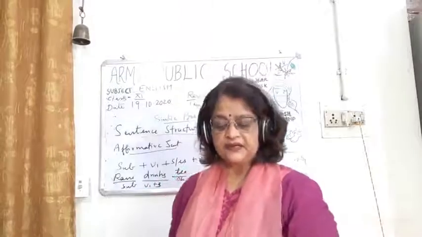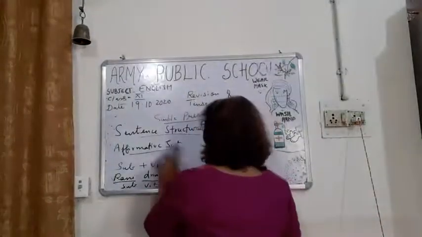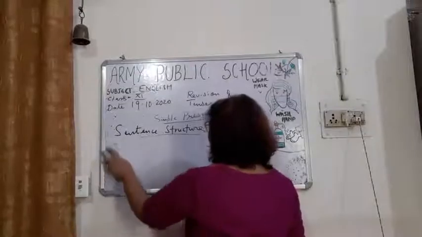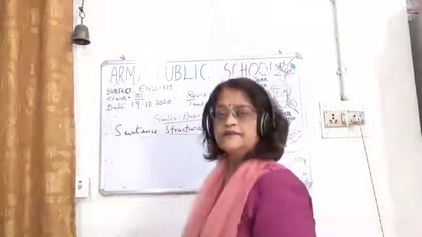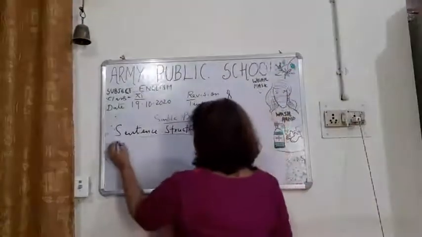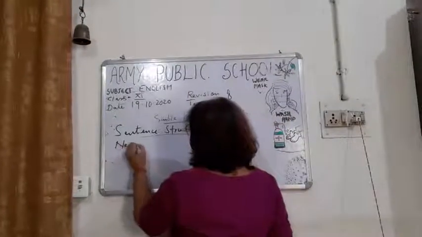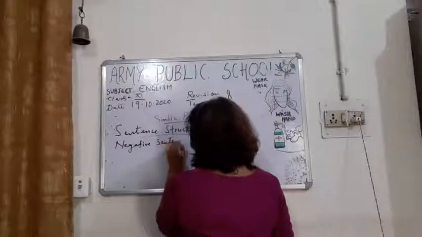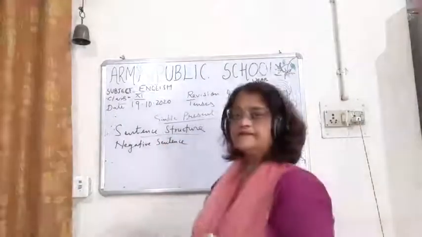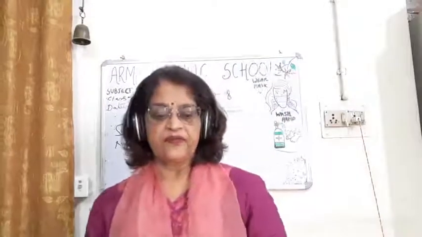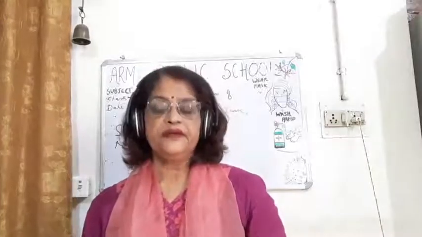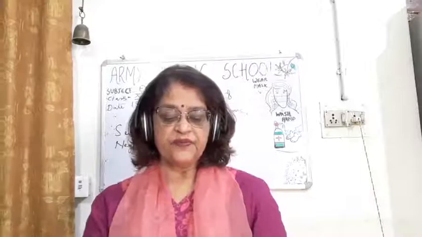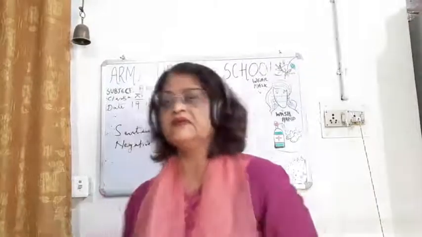Then negative sentence. What is the formula for negative sentence? Subject plus do not or does not plus V1 plus object.